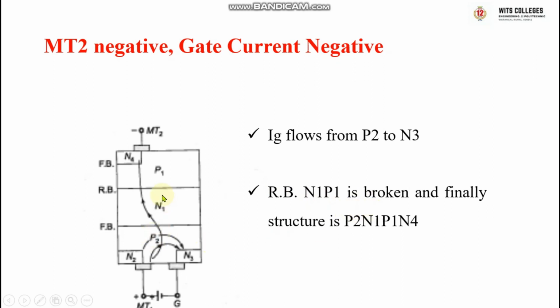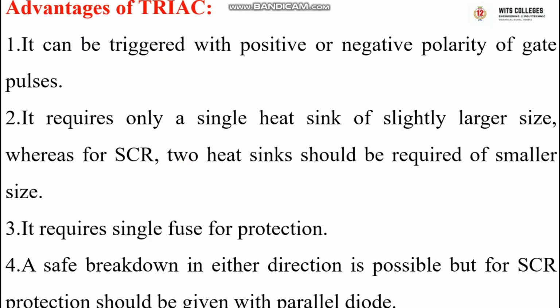Breakdown occurs across N1 P1 because this is the reverse bias condition initially, but when the charges are injected into the P2 layer, a breakdown occurs and the path changes to P2 N1 P1 N4. These are the triggering modes of triac. It is four quadrant operation because it is a bidirectional, bipolar device.